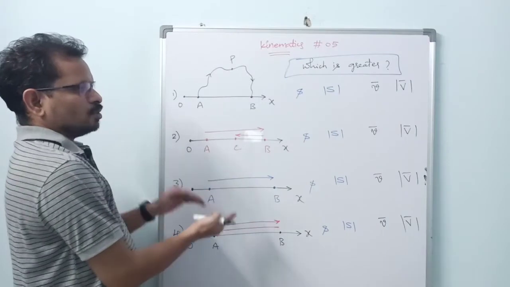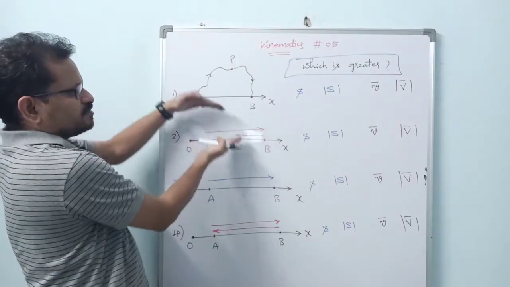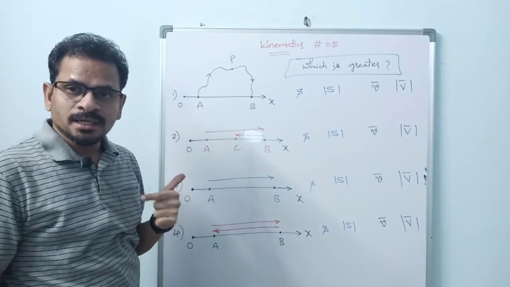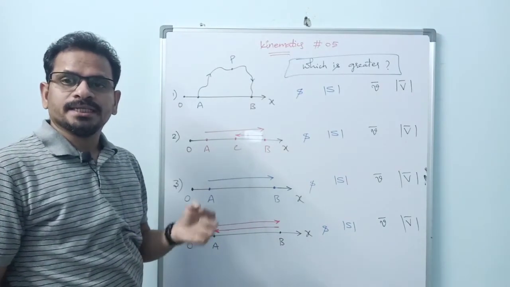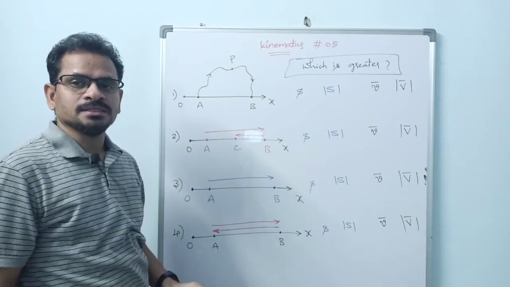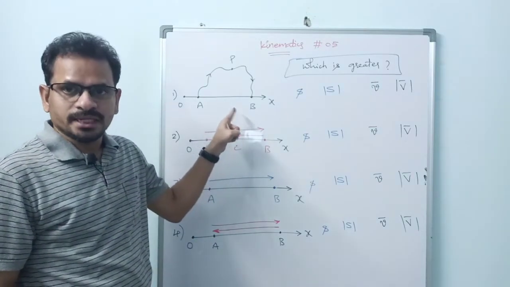I have considered both motion in a plane as well as motion in a straight line, because while explaining distance, displacement, average speed and average velocity, we have taken such type of diagrams only.